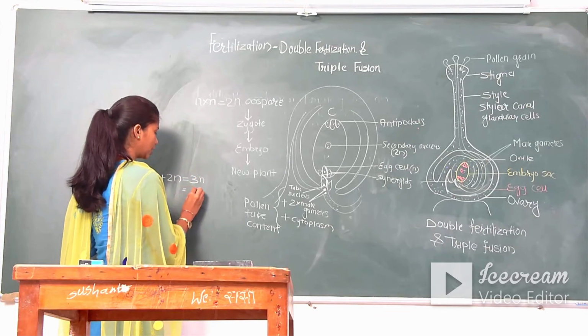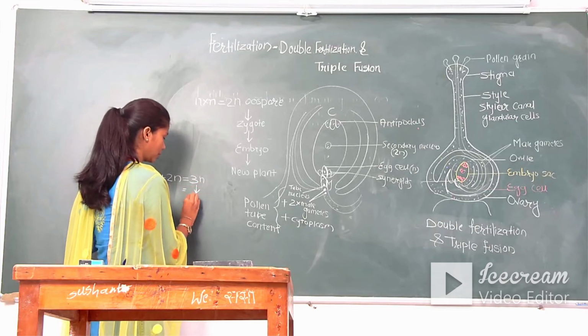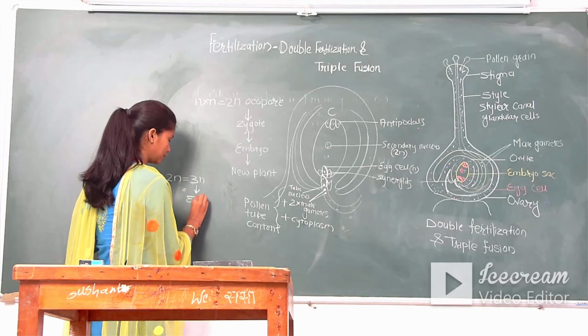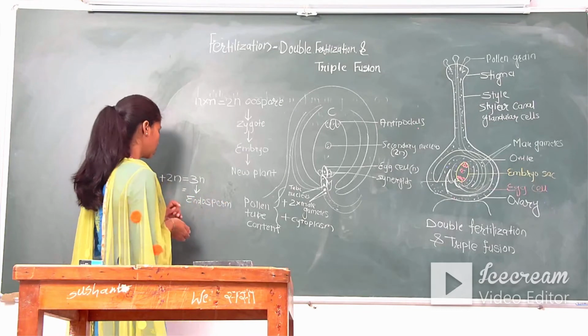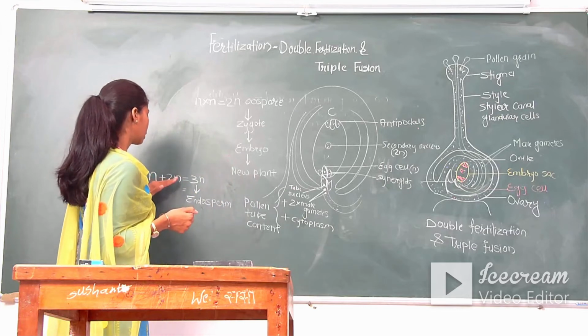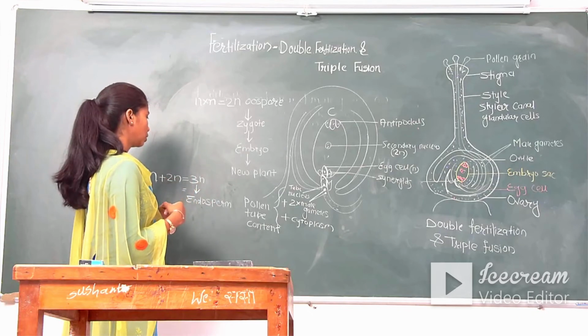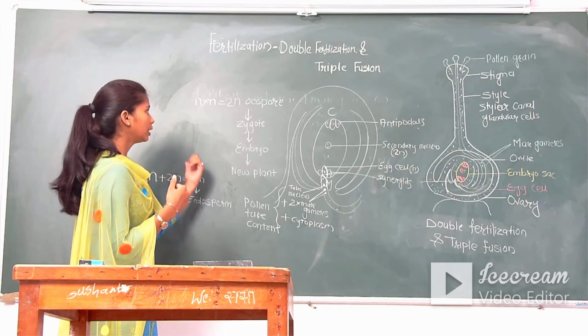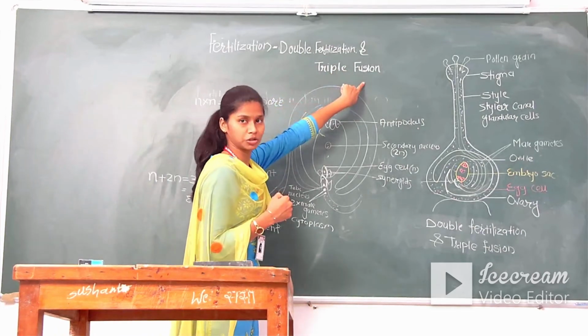That triploid condition is nothing but the endosperm. It will form endosperm. See, here three haploid nuclei are fused. That's why this process or reaction is known as triple fusion.